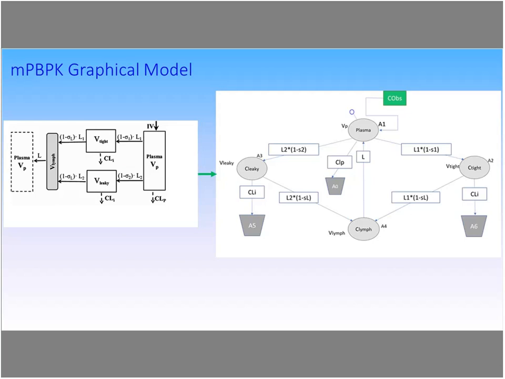Model A has clearance from plasma space. Model B has clearance out of the leaky tissue and tight tissue right here. And then we see the convection transport to the leaky tissue and convection transport to the tight tissue here.